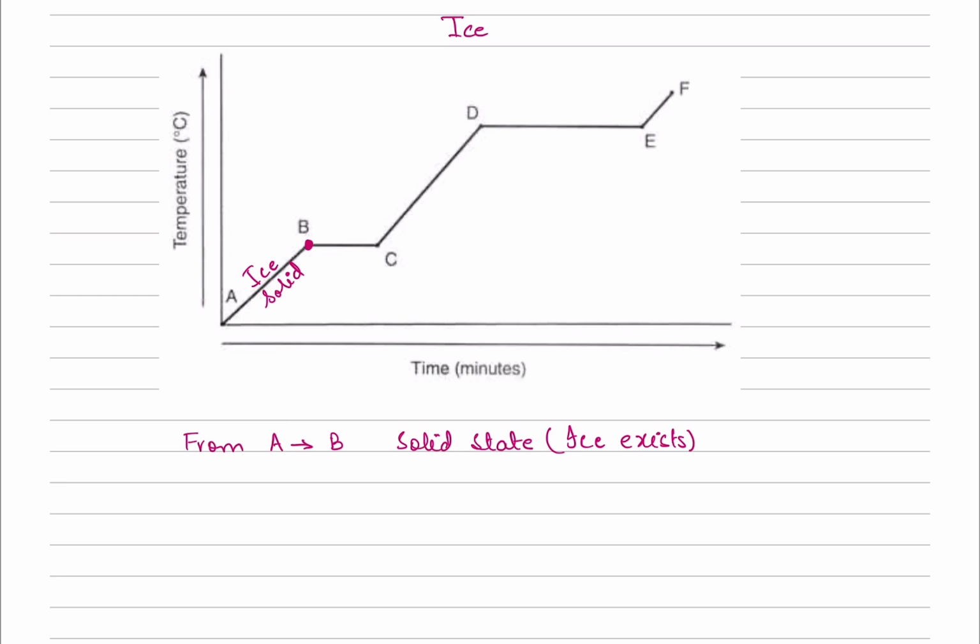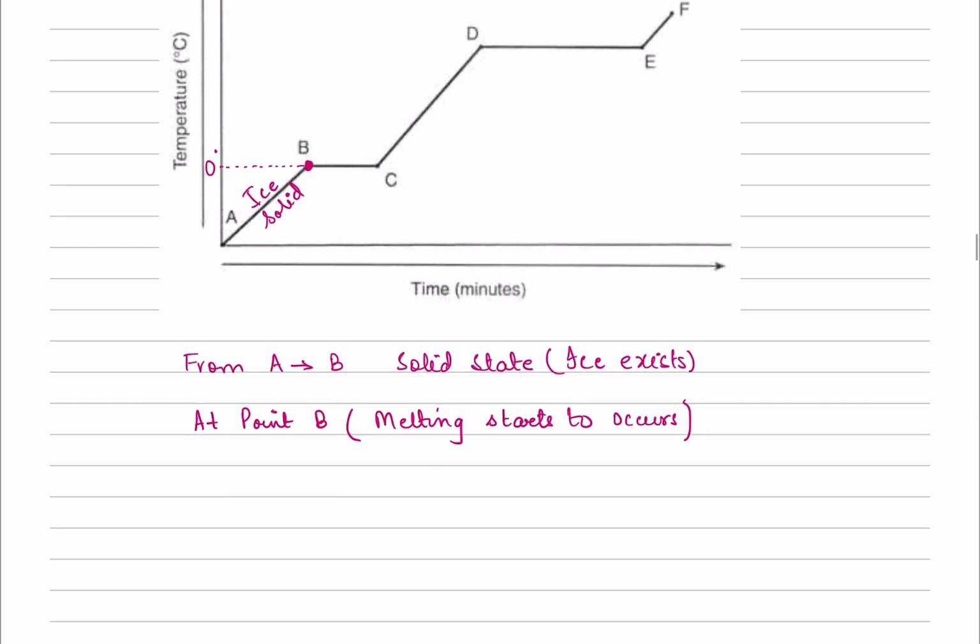Hence I can say that this is 0 degrees Celsius, because ice melts at 0 degrees Celsius. So at point B, melting starts to occur. Solid is changing its state into liquid.